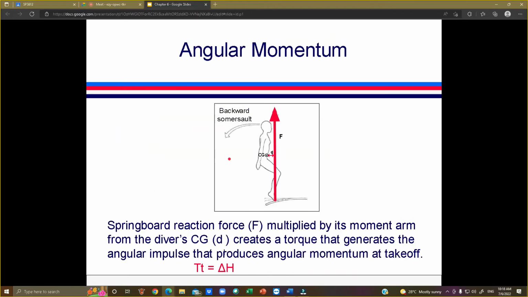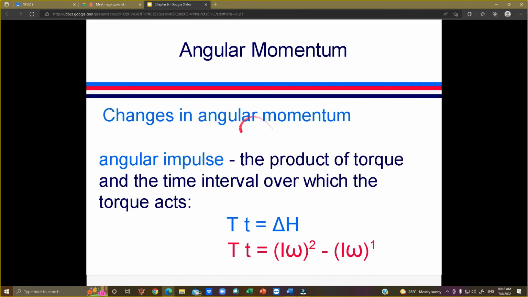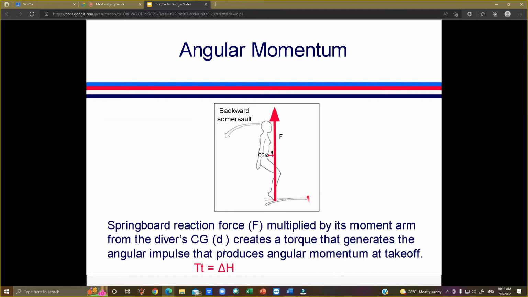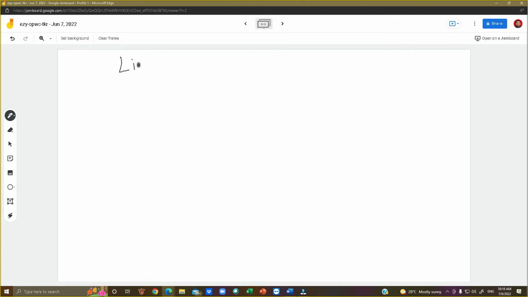So angular impulse is also change of torque. Angular impulse is also FDT. So what actually is angular impulse? In linear, what is impulse in linear?